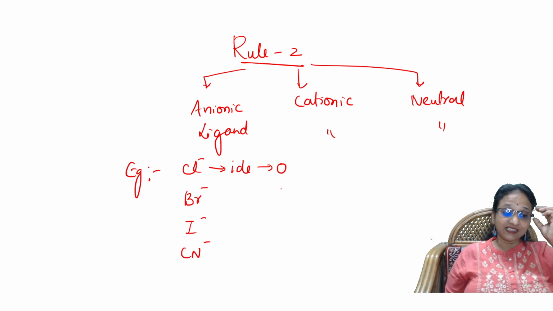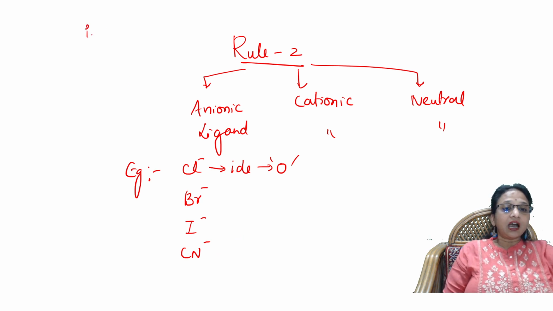I'll show you the examples also. Chlorido, bromido, iodo. Iodide also we can name, so you're going to use O as well. Got it, students? One more important thing to remember: here, IDE is substituted by O.